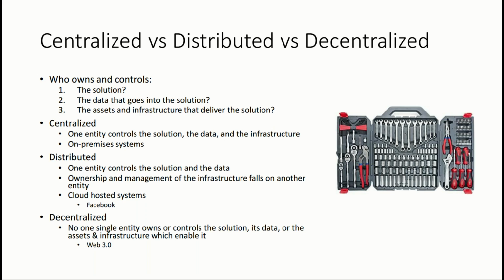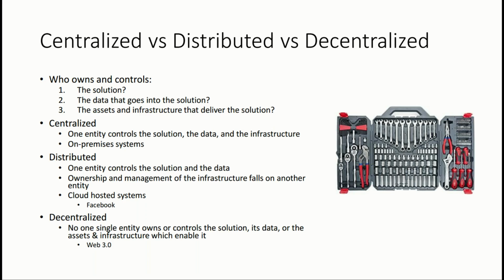So let's start off talking about a centralized approach. In a centralized solution architecture, there's typically only one entity that controls all three components: the solution, the data that goes into that solution, and the assets and infrastructure which deliver this solution.